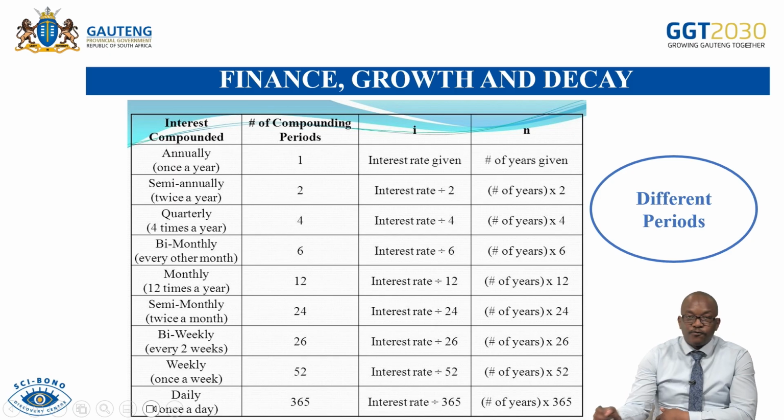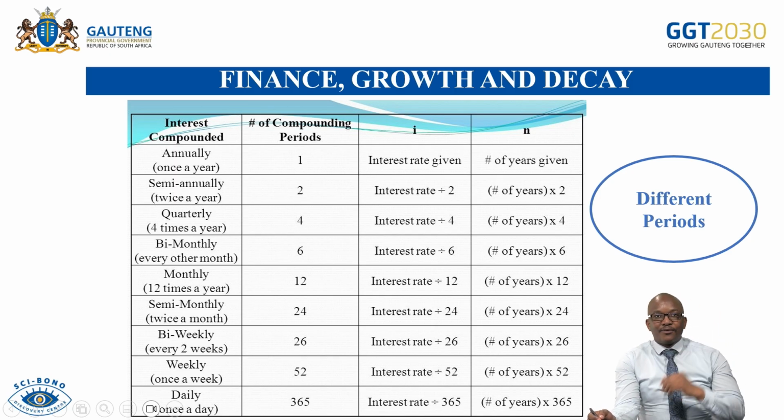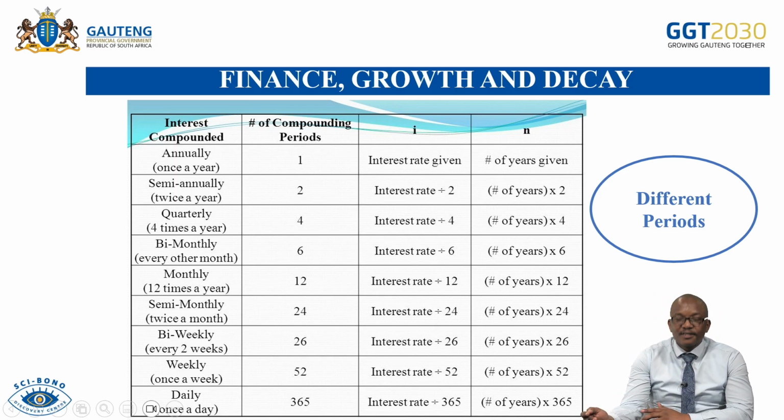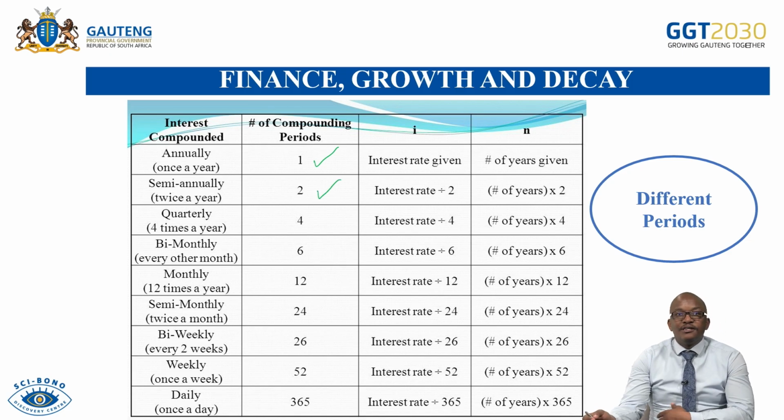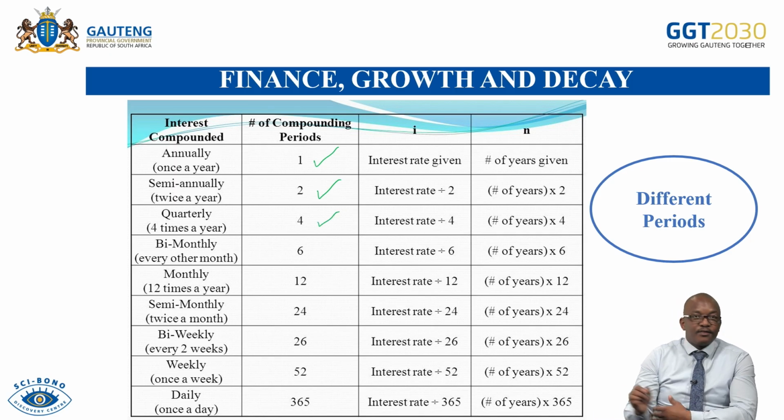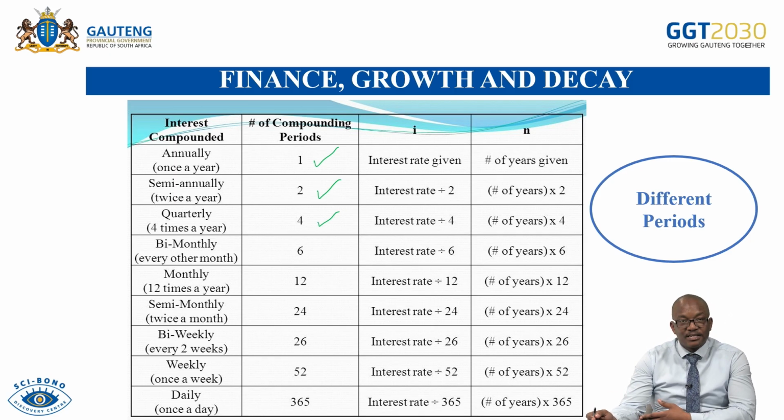moving forward, we still remind ourselves about this table of the interest compounded, correct? We know that when it's 1, it means interest is charged once, and then the second one is 2. It means, remember, semi-annually, bi-annually, half-yearly is 2. Then we have 4 that represents quarterly, interest charged 4 times a year.